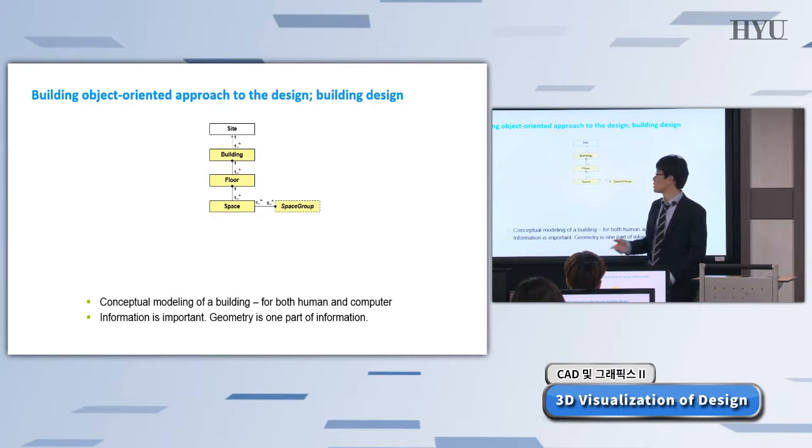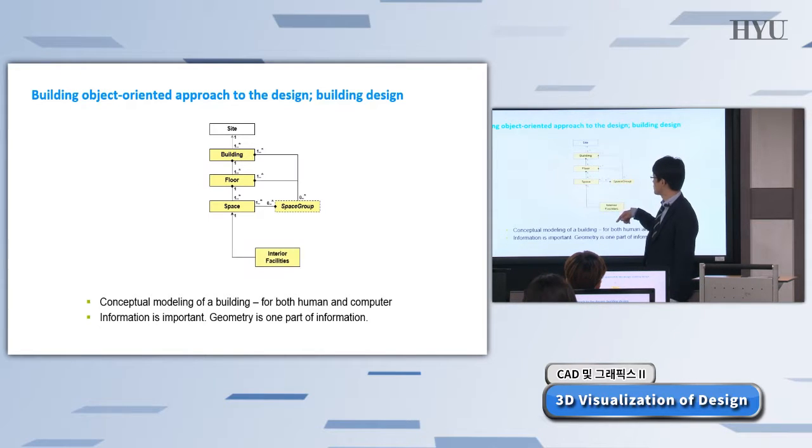But it is one of the space groups named Department of Interior Architecture Design. Our department space has several classrooms, offices, labs, and this kind of computer lab, okay? This space is one of our space group named Interior Architecture Department, okay? So this is another type of structure.